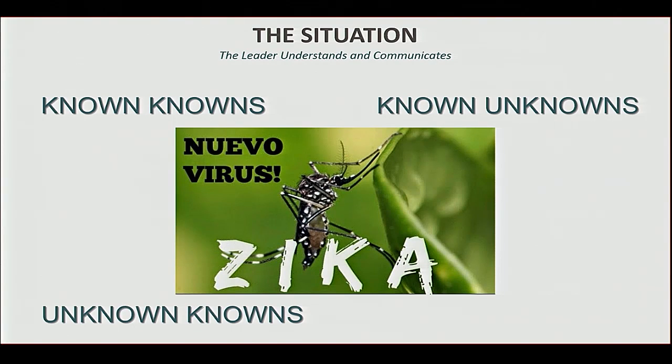Now again, as Dr. Reynolds pointed out, what's really perplexing about this response are the known unknowns. We know that there's a lot we don't yet know about Zika. And being able to say, I don't know, and letting people know what we're doing to learn more is going to be critical. And in terms of leadership pivot points, the most perplexing puzzle here are the unknown unknowns.